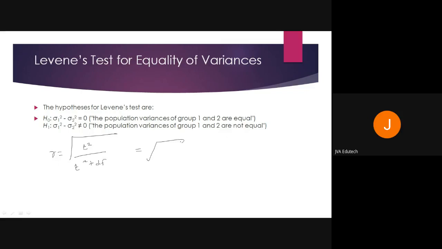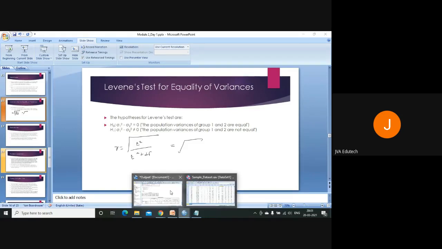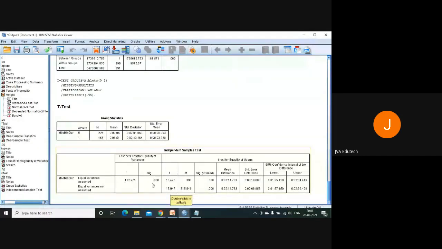So what is our t value from the result? If you see this t value, 15.047, and degree of freedom is 315.